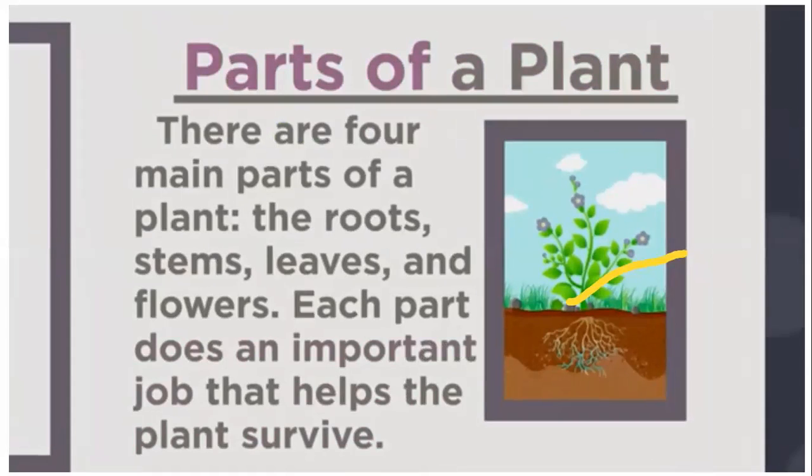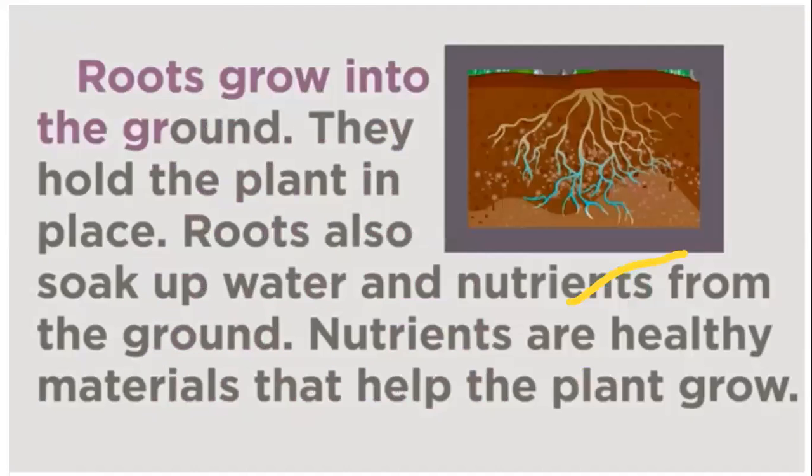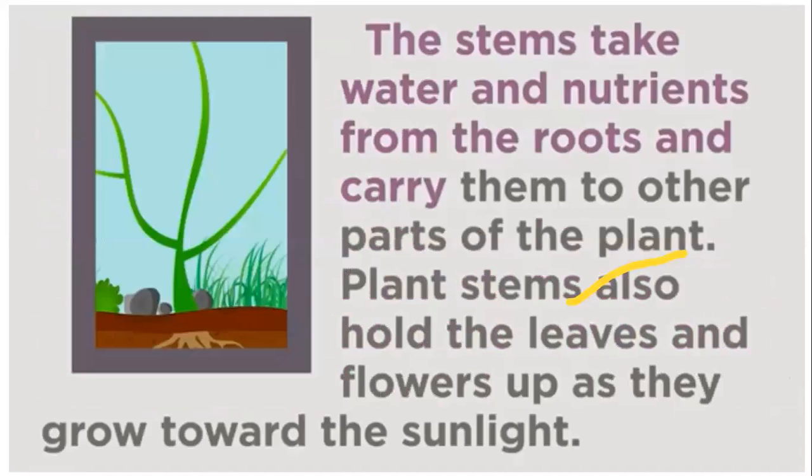Parts of a plant. There are 4 main parts of a plant: the roots, stems, leaves, and flowers. Each part does an important job that helps the plant survive. Roots grow into the ground. They hold the plant in place. Roots also soak up water and nutrients from the ground. Nutrients are healthy materials that help the plant grow. The stems take water and nutrients from the roots and carry them to other parts of the plant.